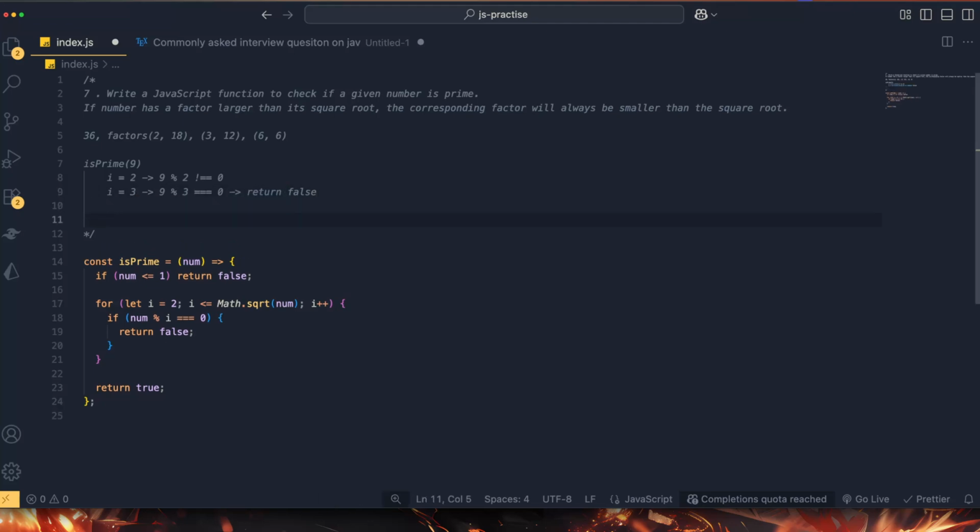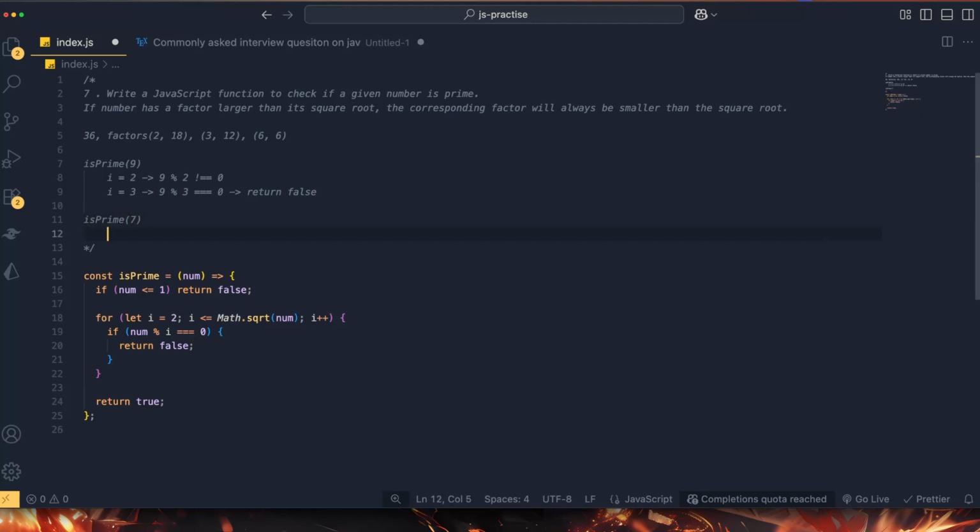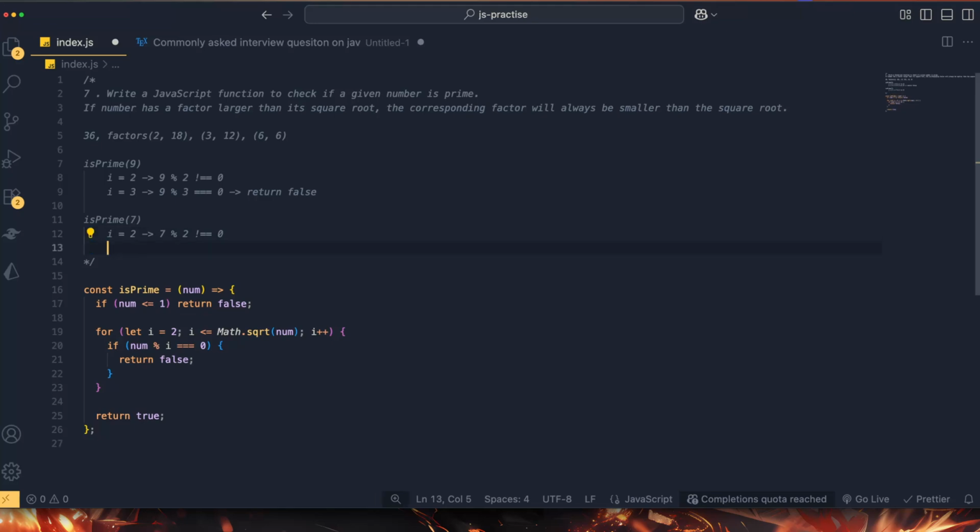So let's say I am sending the value isPrime as 7. So what happens? The i value will start from 2, it will get inside. So 7 divided by 2, which is not equal to 0, then it goes for 3, the i value becomes 3. So 7 divided by 3 is not equal to 0, then the loop ends.